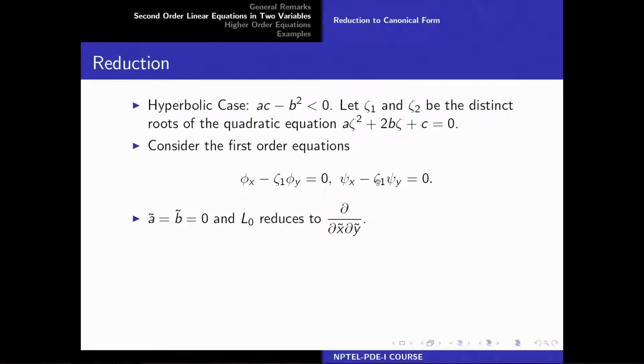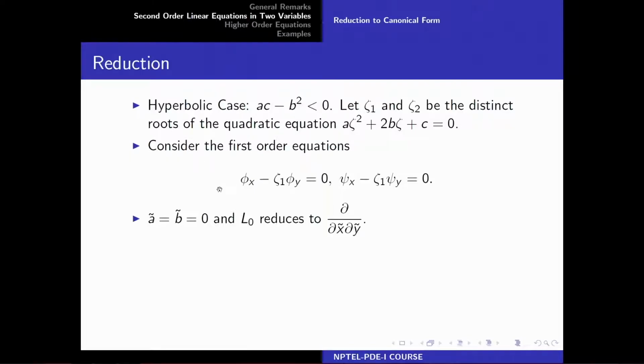So, phi and psi satisfy these first order PDEs. xi 1 and xi 2 are variable because A, B, C are variables, so xi 1 and xi 2 are functions of x and y. So, we obtain phi and psi by solving these first order equations.